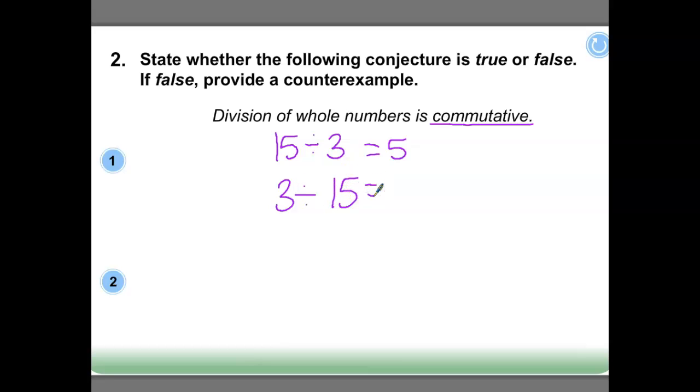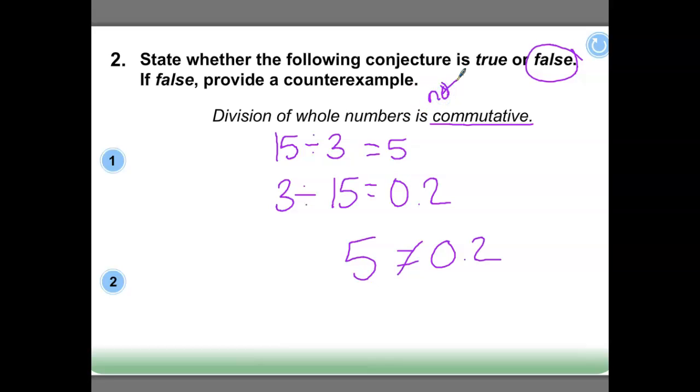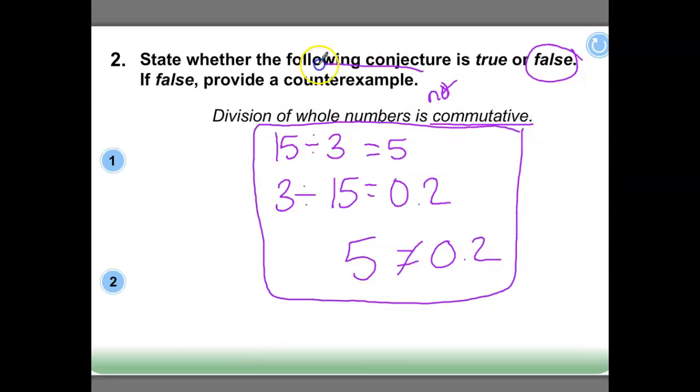If you type in your calculator 3 divided by 15, you get the decimal 0.2. 5 is not the same as 0.2. Therefore, it is false. The division of whole numbers is not commutative. Okay, and then this right here is my counterexample. I proved that it does not work.